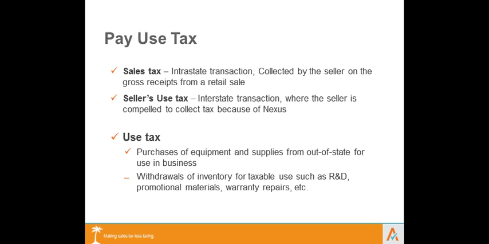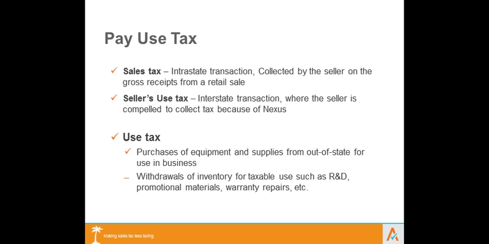So if I go into a retail store and I buy a bicycle, that's sales tax. If I order a bicycle on Amazon in the state of Washington and they ship it from Seattle to my location on Bainbridge Island, then generally that's considered sales tax. There's a different type of tax that comes into play when we're selling and shipping across state lines, and that's called a seller's use tax.